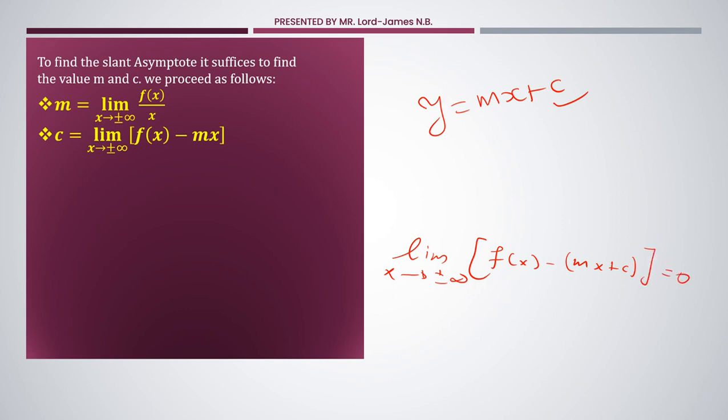So if you evaluate this and it gives you 0, it implies that the line y equals mx plus c is an oblique or slant asymptote. So that's what we get.